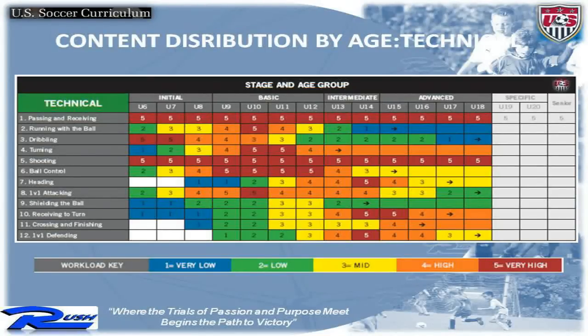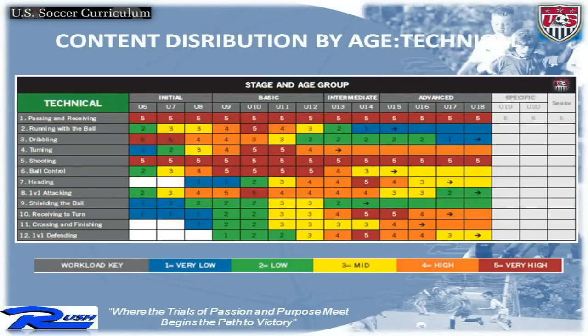And as we look across the top of the chart from left to right, once we get past technical, we're looking at our age groups once again from U6 up to U18 and the subgroups of the stages: initial, basic, intermediate, and advanced. So what we'd like our parents to review, and what we've been reviewing as a staff and continue to review, is what workload and what level of emphasis are we teaching each of the topics in our training sessions to various age groups of our players.